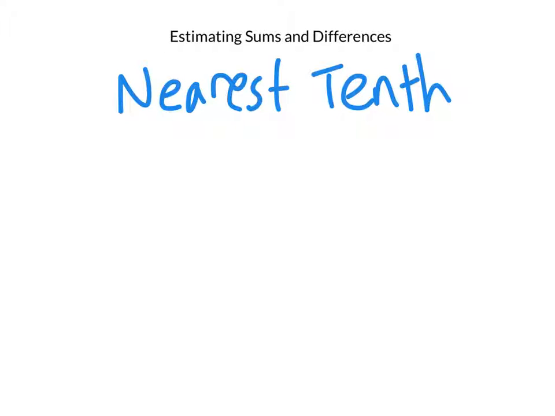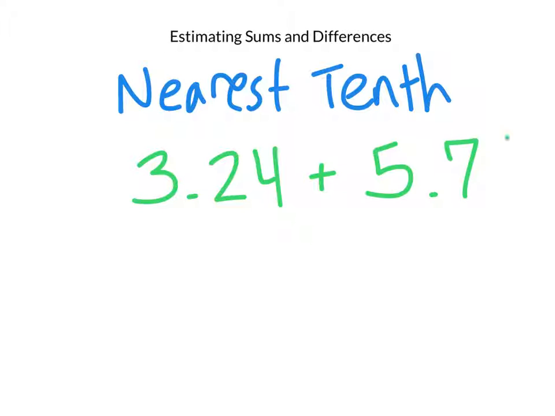Here's how we might do that. Let's say we have the numbers 3.24 plus 5.76. Well, here's my tenths place value, and when we estimate we look to the right of the place value we're estimating to, and this is a 4.